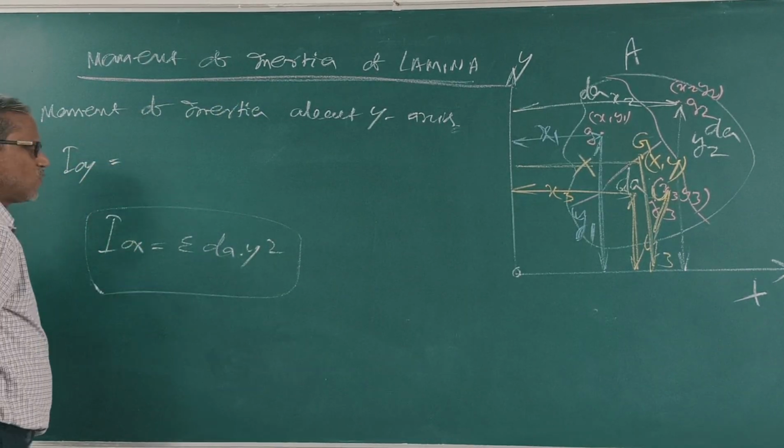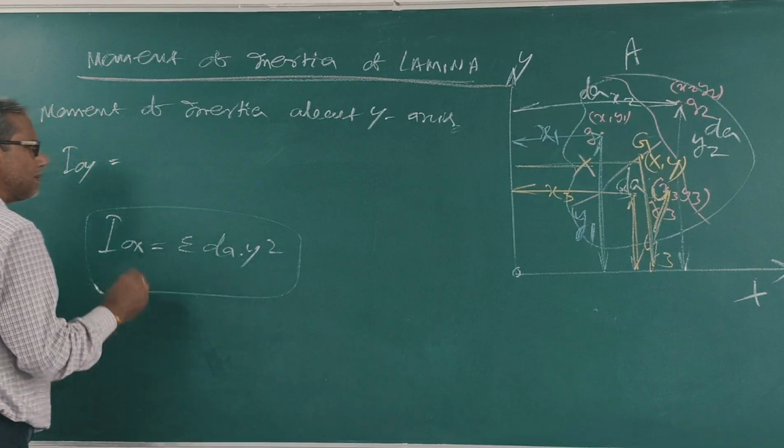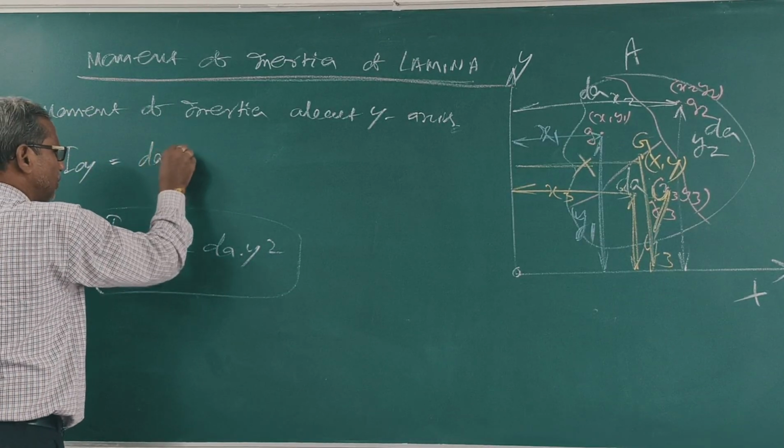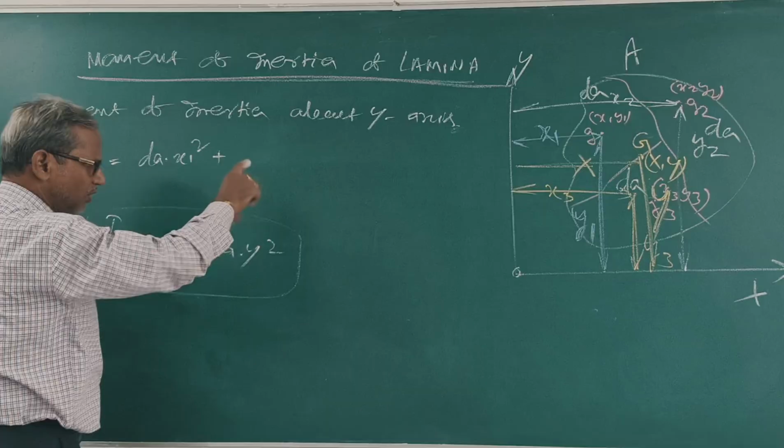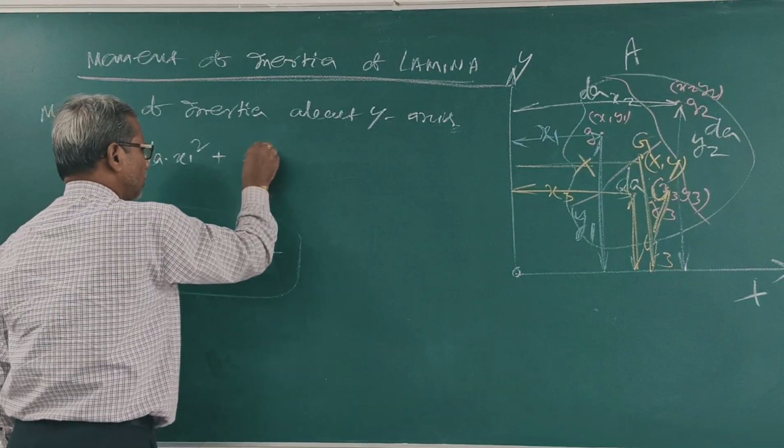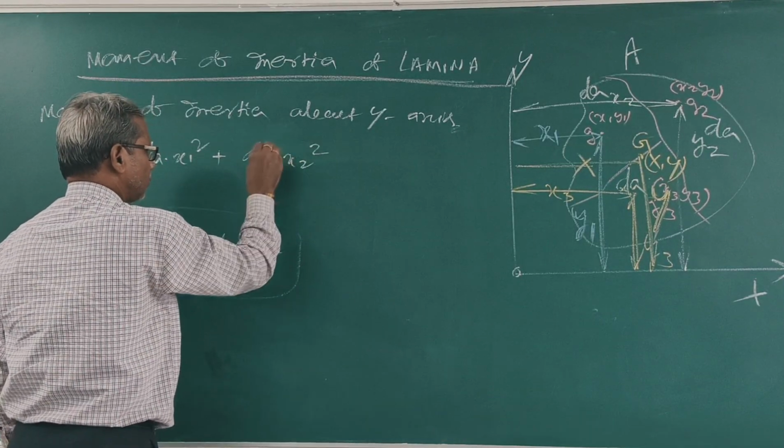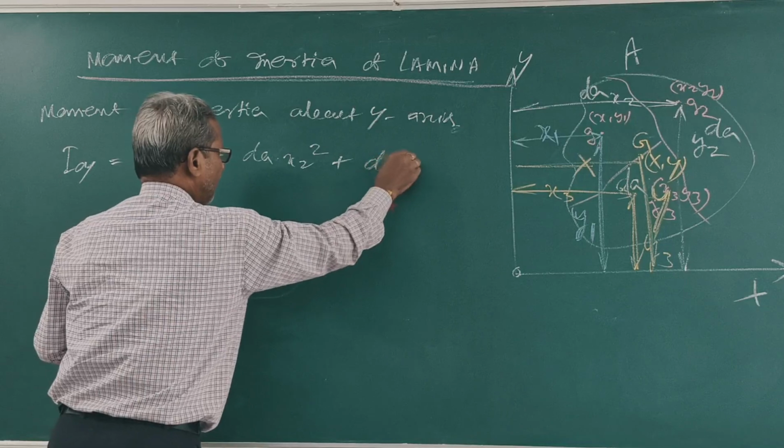What is IOY? dA into x1 square plus dA into x2 square plus dA into x3 square.